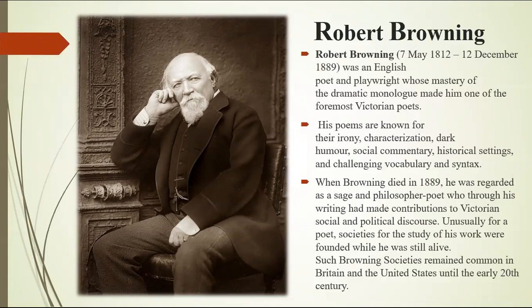And apart from this, Browning is considered to be a sage poet. So he's not just a poet, he's also a philosopher. He's writing poems which are not just a description of beauty, or written out of pleasure, or terse literary pieces, but poetry that has a very well-defined plot structure and a story binding it.